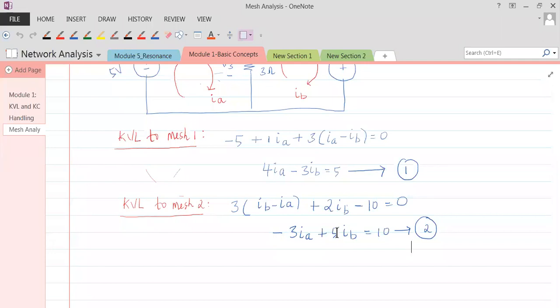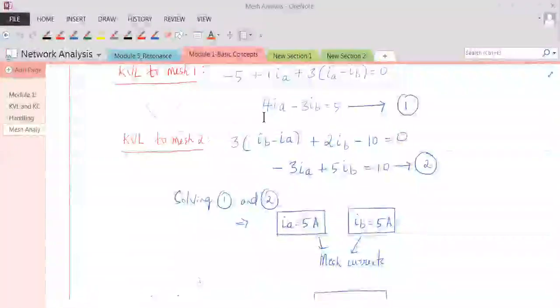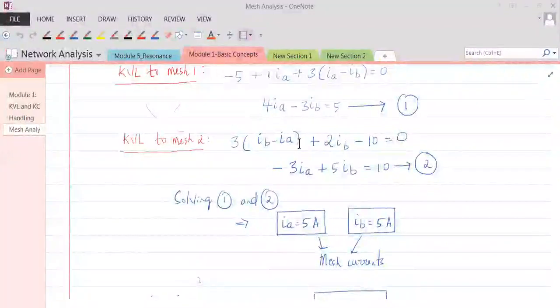You have calculators in front of you, everybody. After you use your calculators to find out IA and IB, we have seen that solving by calculators.